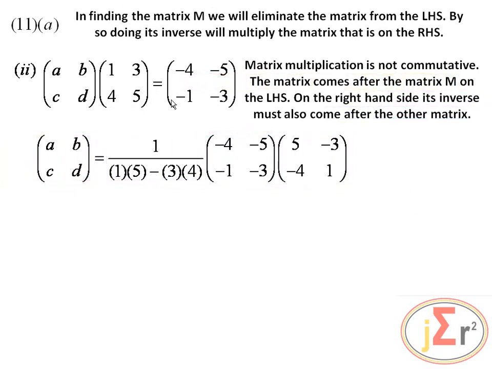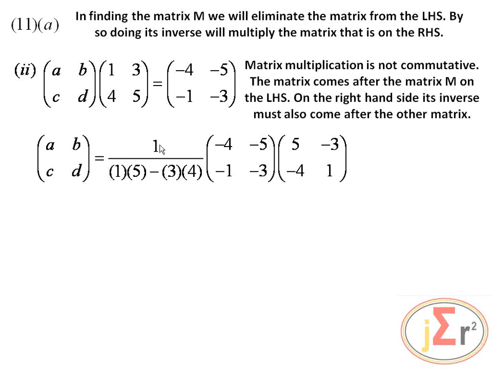The inverse of this matrix is a combination of its adjoint that we have right here and the reciprocal of the determinant of this one. So the determinant is 1 times 5 minus 3 times 4.